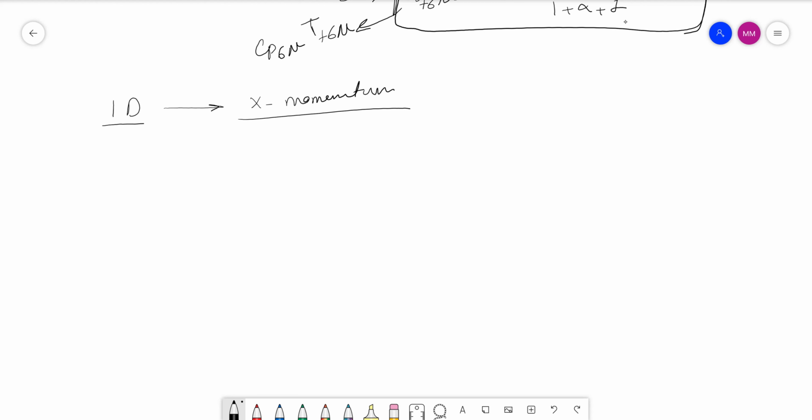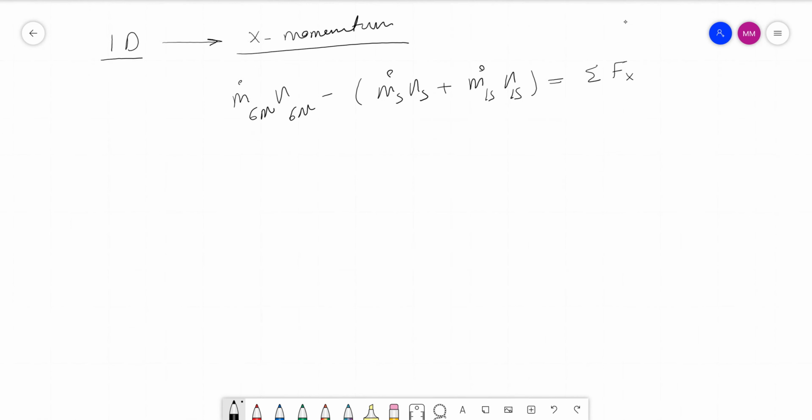Okay, and that has to be equal to the sum of the forces, right? The momentum of the outlet is m dot 6m times the velocity at 6m, minus the momentum of the inlet, m dot 5 v5 plus m dot 15 v15, which is going to be equal to sigma F of x, all the forces acting on this. But what is the total summation of the forces in the x direction here?